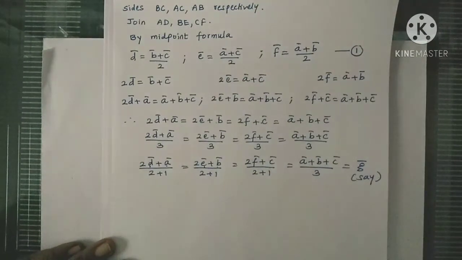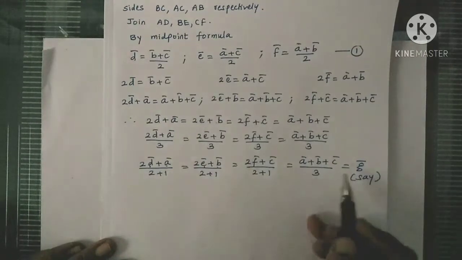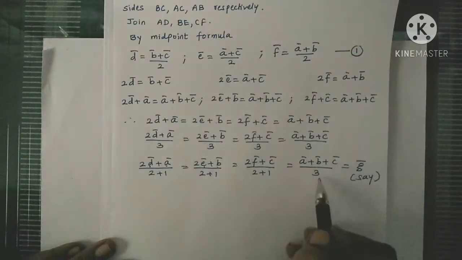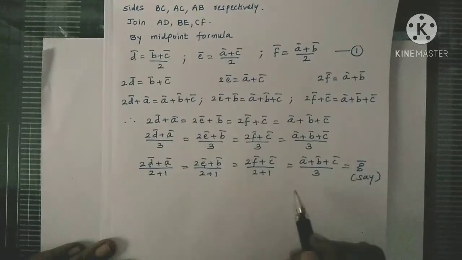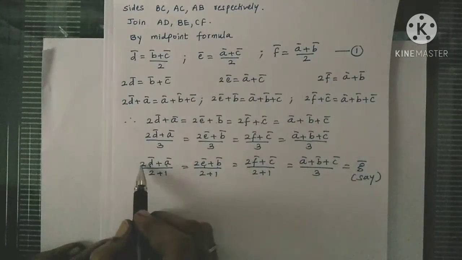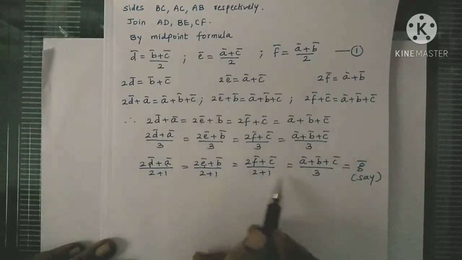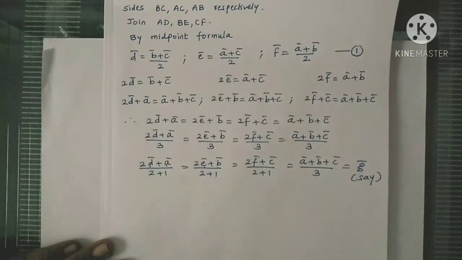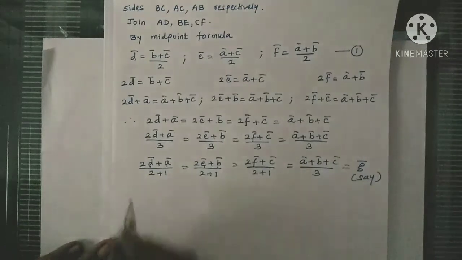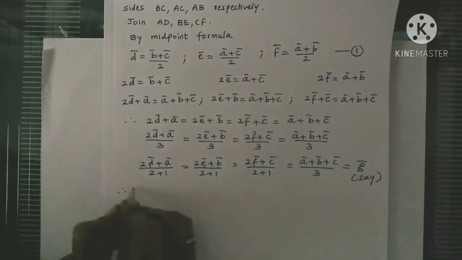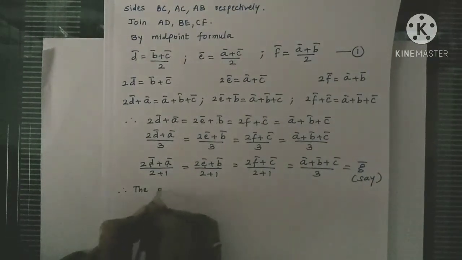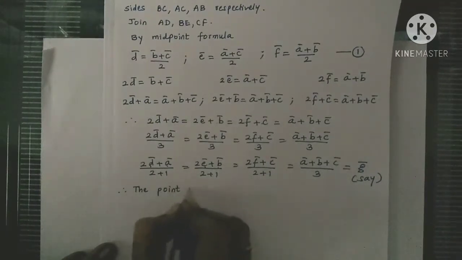That means all the three medians pass through the same point, and position vector of that point is a bar plus b bar plus c bar upon 3, and that point divides each median internally in the ratio 2:1. So previously, to prove the centroid formula, we used that the ratio is 2:1, and here we have proved why it is 2:1.